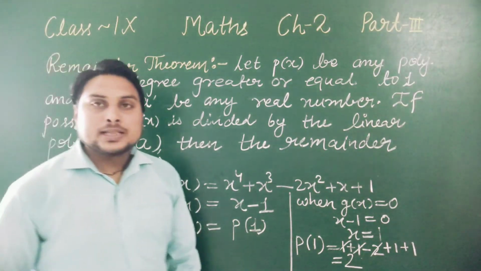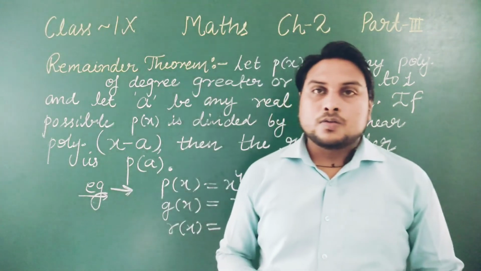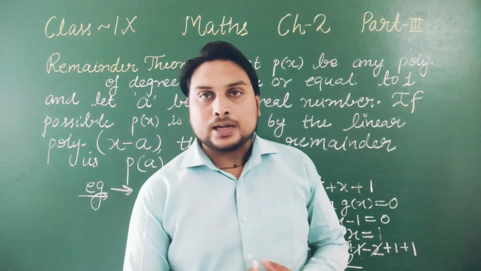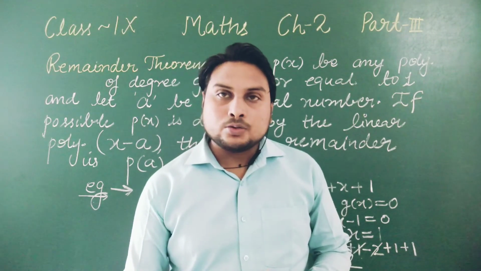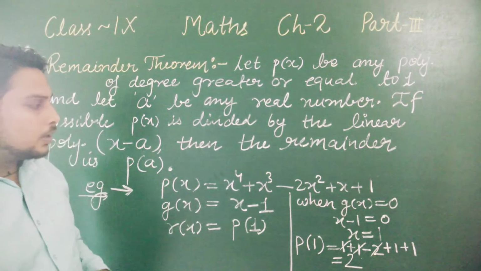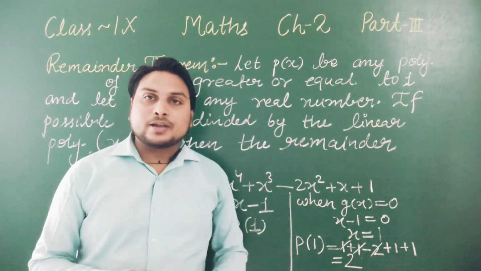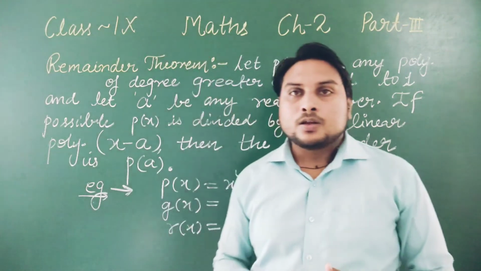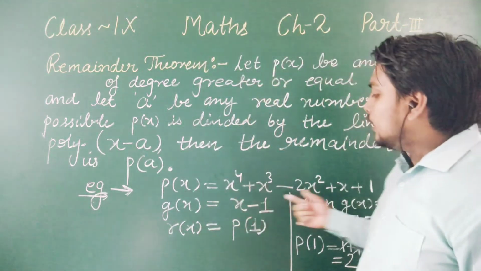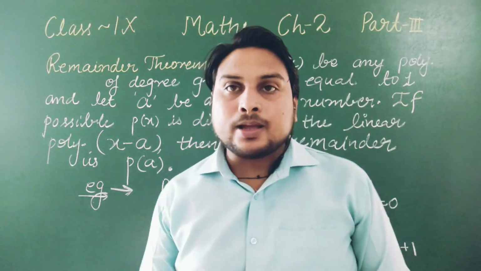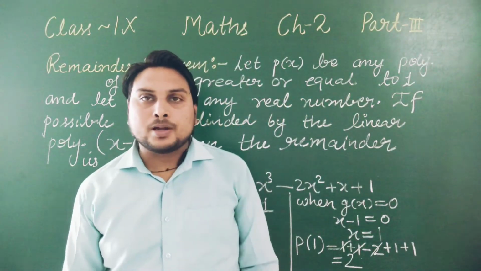In the same manner, for other questions also, if we want to find the remainder, we make the divisor equal to 0. Then we get the value of x, and that value of x is put in the given polynomial, and in that manner you can find your remainder.